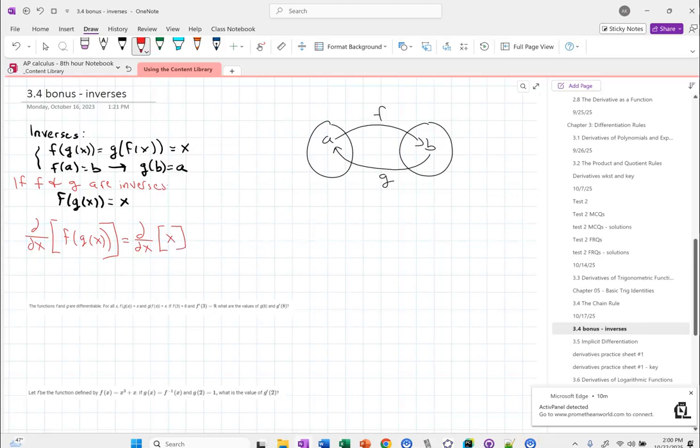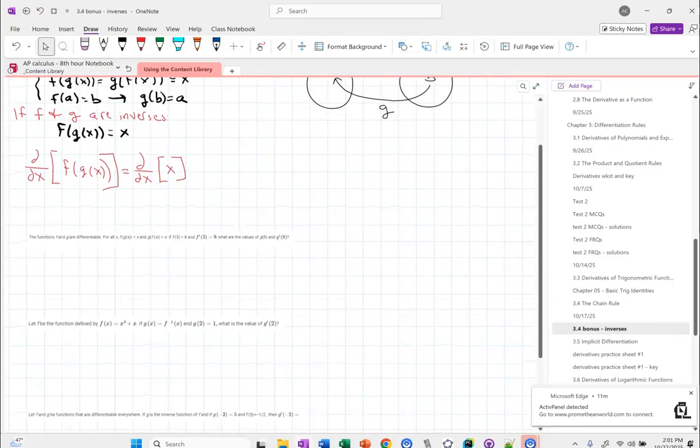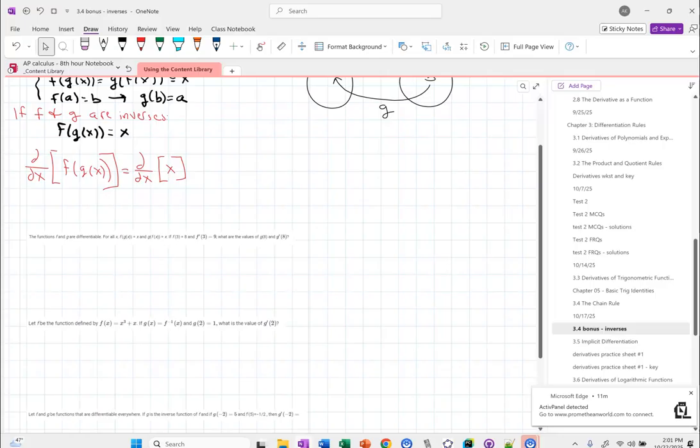I can take the derivative of both sides of this equation, and just like in algebra, if I do something to both sides of the equation, equality is maintained, right? So the derivative of f of g of x is going to require the use of the chain rule. So that's just going to be f prime of g of x times g prime of x. And the derivative of x is 1.